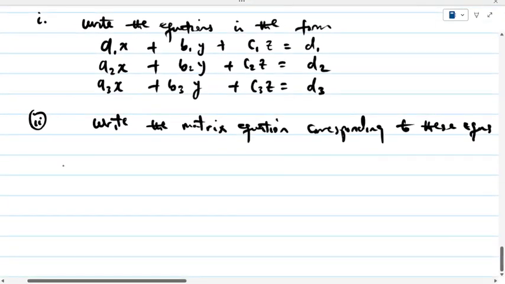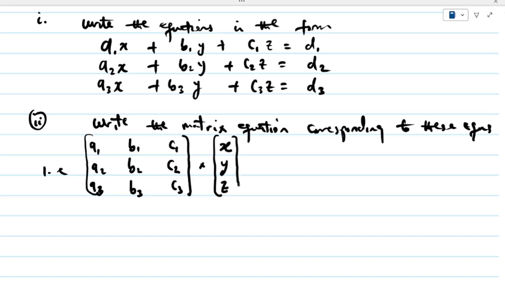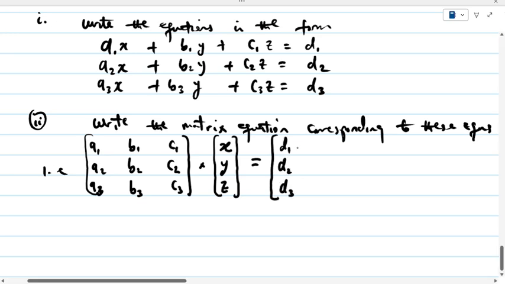Okay, that is the coefficient of x: a1, a2, a3, coefficient of y: b1, b2, b3, and coefficient of z: c1, c2, c3. Then multiply with the unknown variables x, y, and z. Then equate it to the constants d1, d2, and then d3.